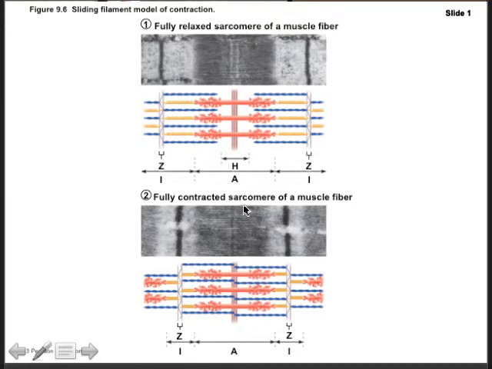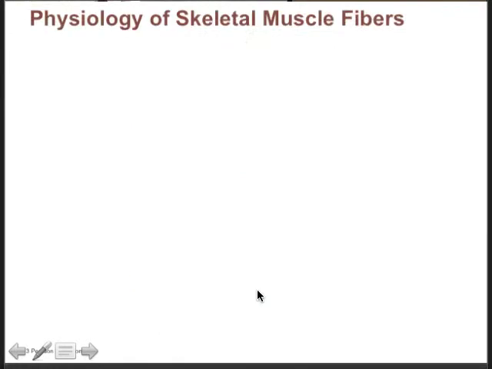The H zone begins to vanish, the I zone begins to vanish, and the amount of overlap increases. The length of the A band does not change, okay? The location of the M line does not change, all right? But the Z discs draw closer together, and the H zone vanishes, and the I bands become thinner.